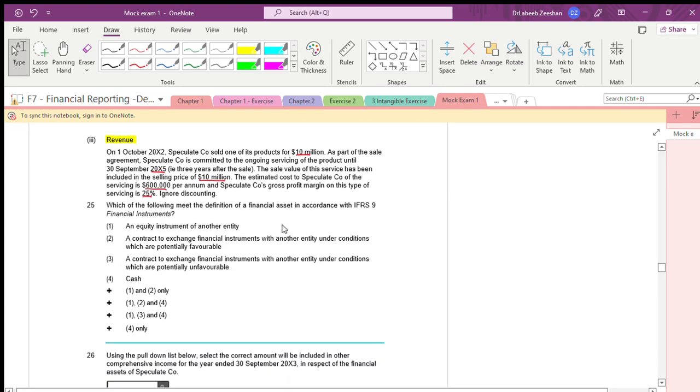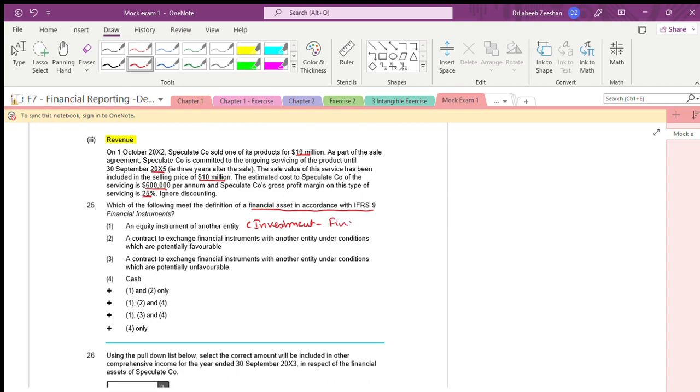What are they asking? Which of the following meet the definitions of a financial asset under IFRS 9? An equity instrument of another entity is an investment.